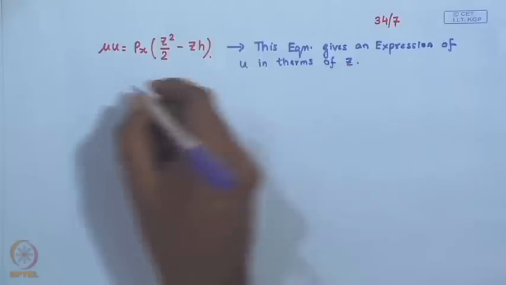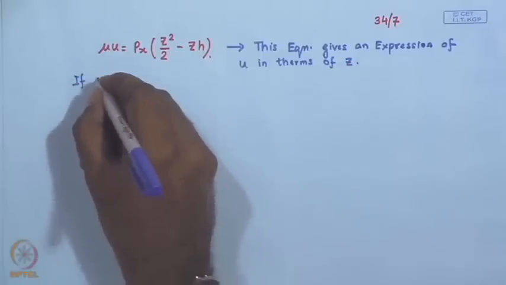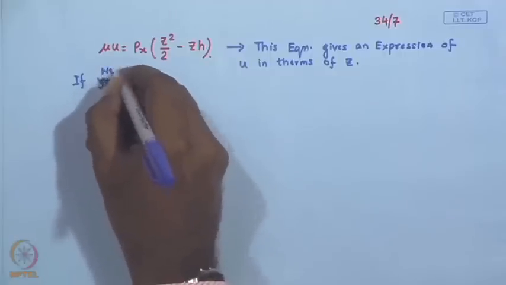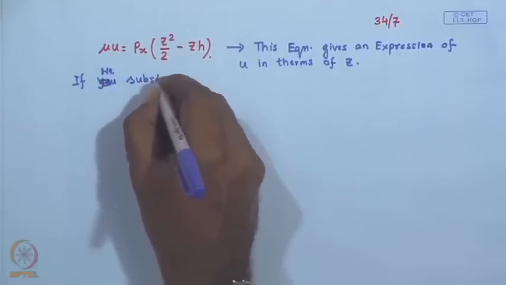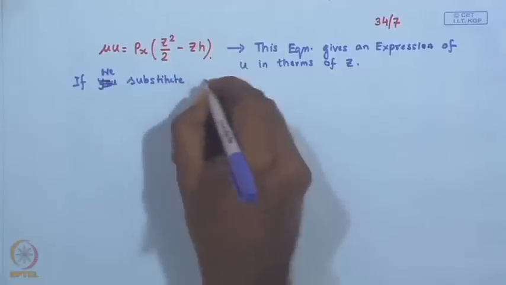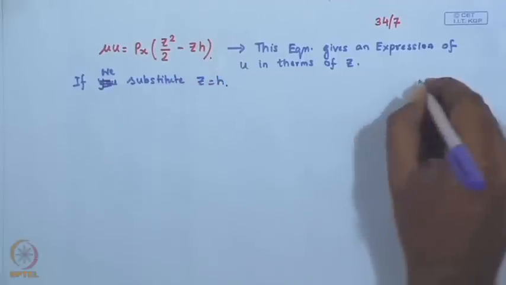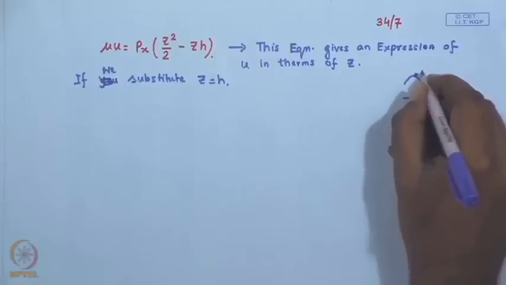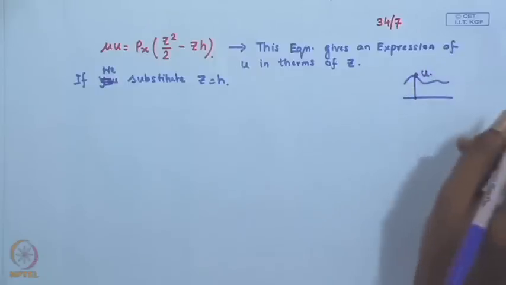Now, if you plug in z equal to h, what we actually get is the value of u at the free interface.